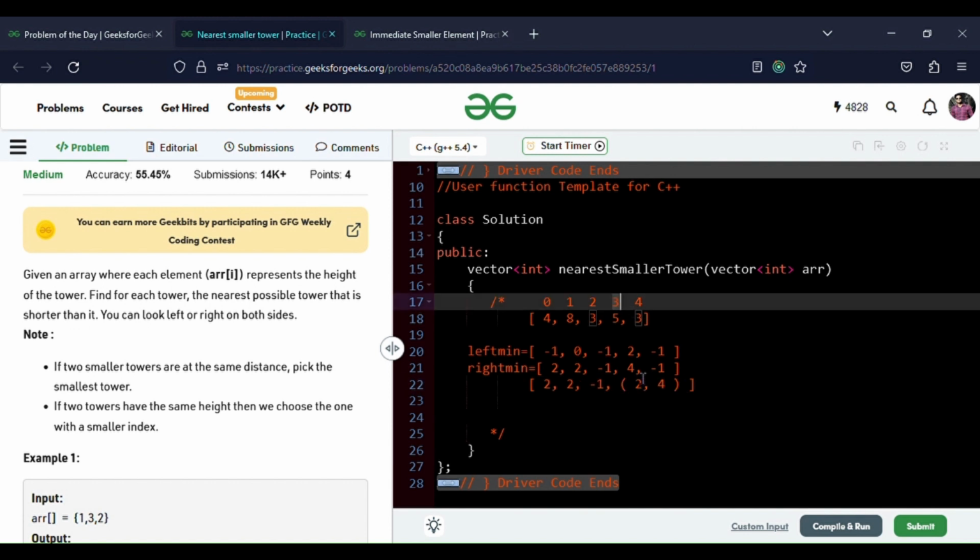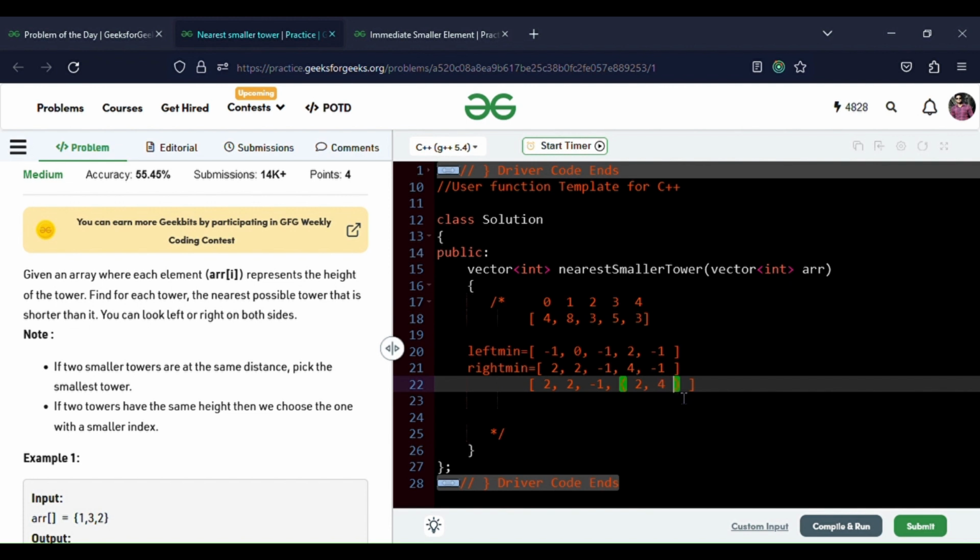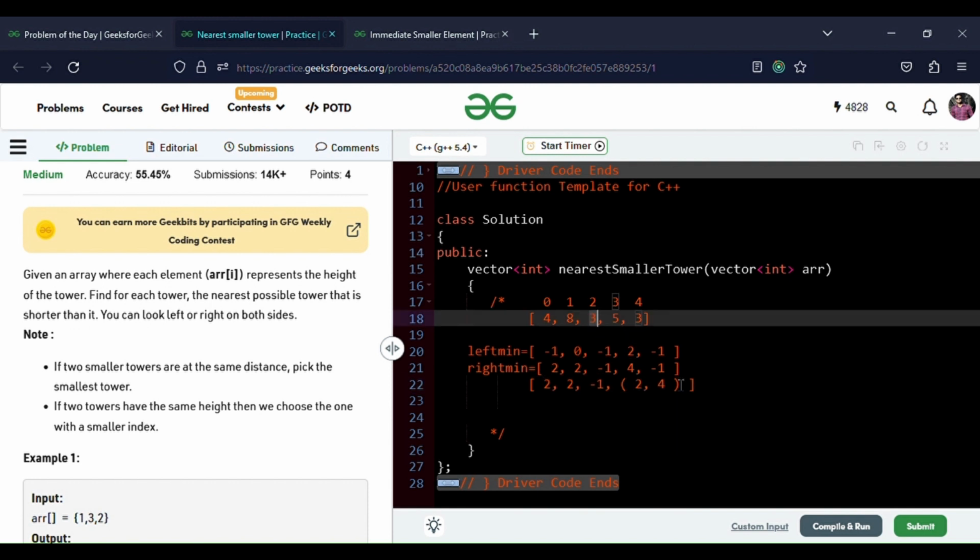The distance between 3 and 2 is 1, and the distance between 4 and 3 is 1. So the distances are the same, we have to pick the smallest tower. We can see that at index 2 the value is 3, at index 4 the value is 3.